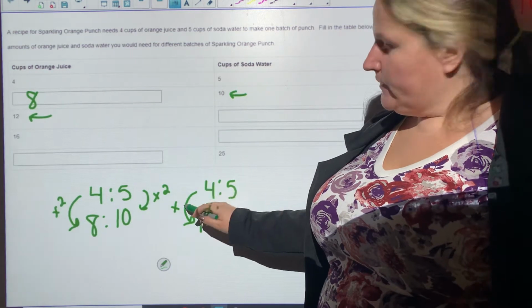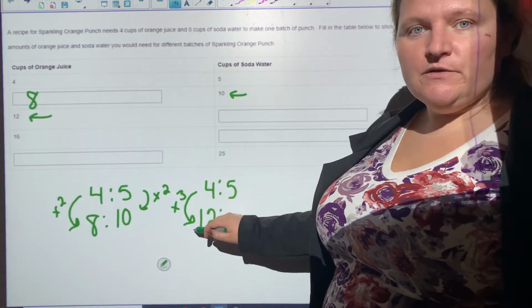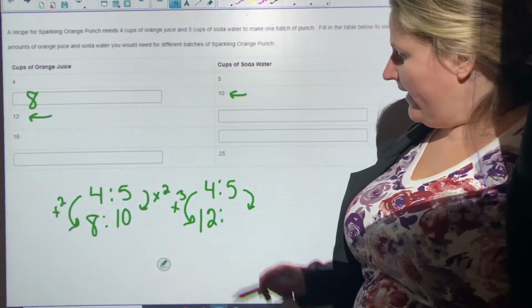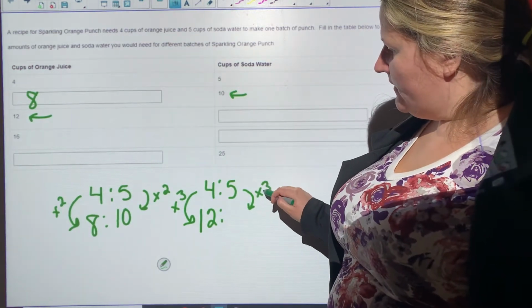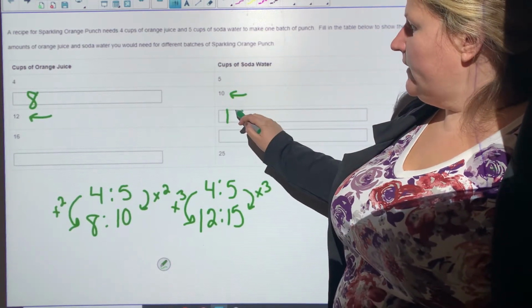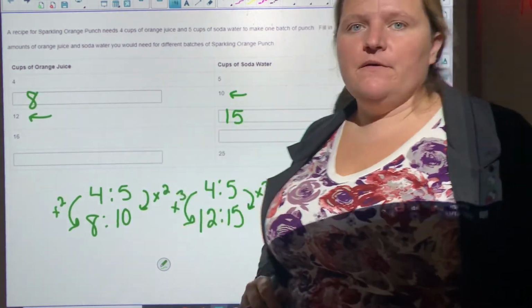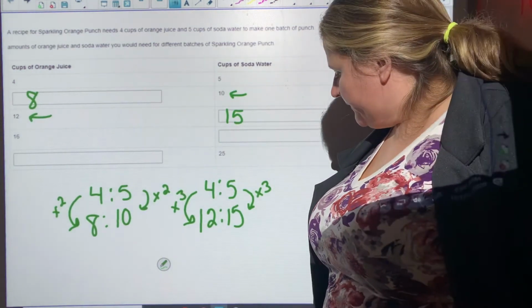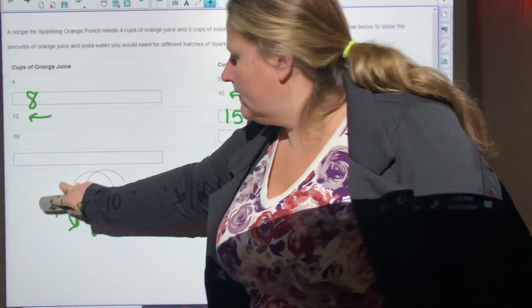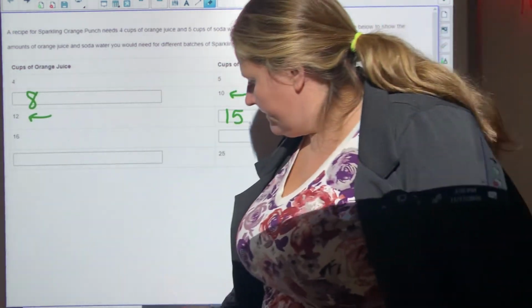So I would do 4 times 3 gives me 12. So I have to do the same thing over here and go 5 times 3. 5 times 3 is 15. So 15 goes with my 12. Let me erase these so we can go to our next one.